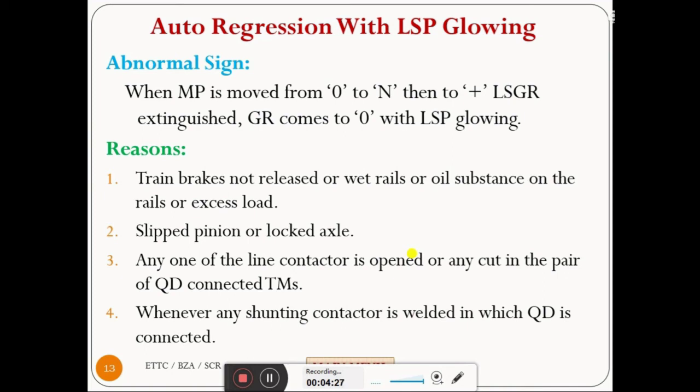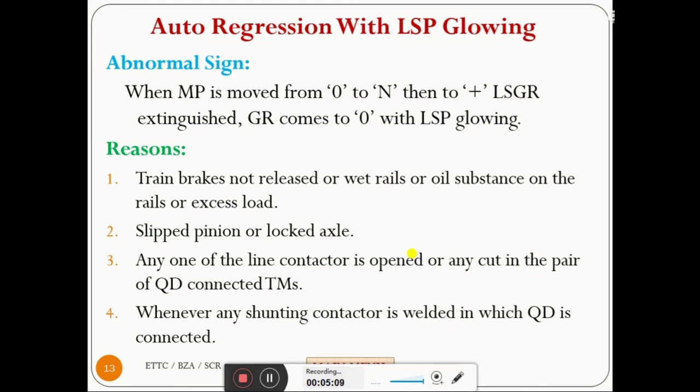Fourth reason, whenever any shunting contactor is welded, in which QD is connected, it means on QD connected branches TM 2, 3 or 4, 5, if any shunting contactor is welded, then it leads to difference of current, which will cause QD to act, and which energizes Q48 relay, and Q48 actions we know.